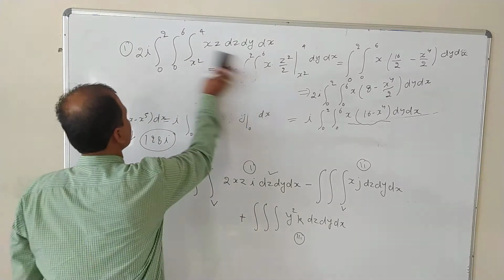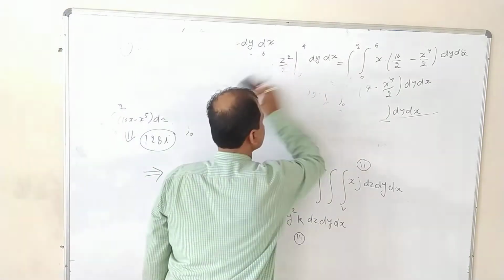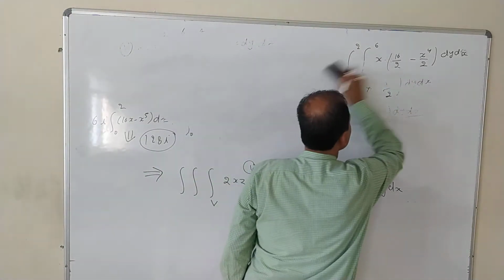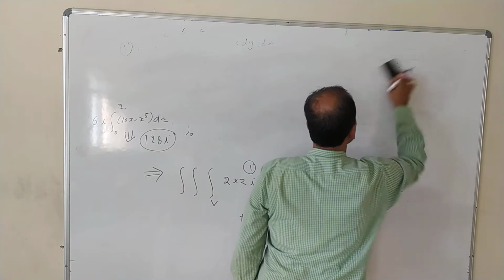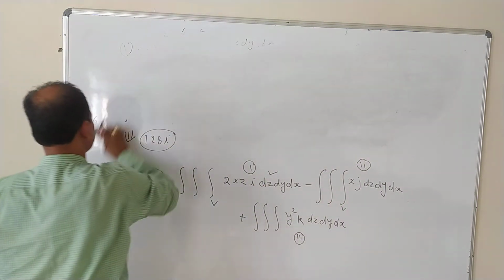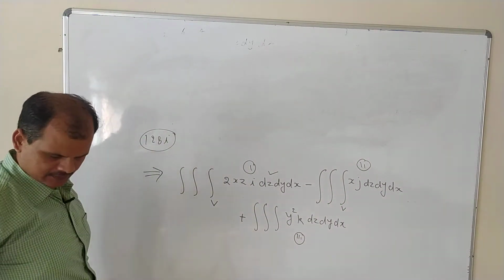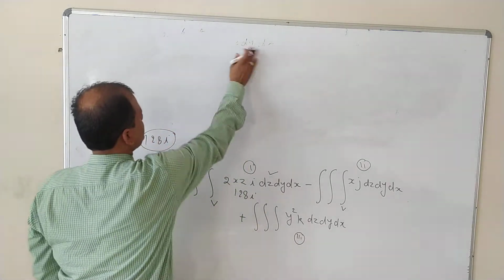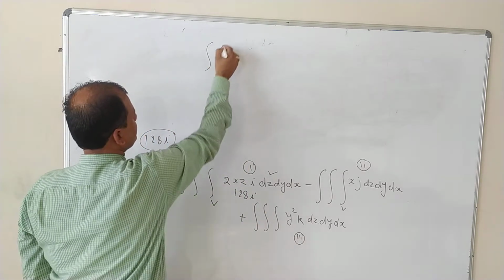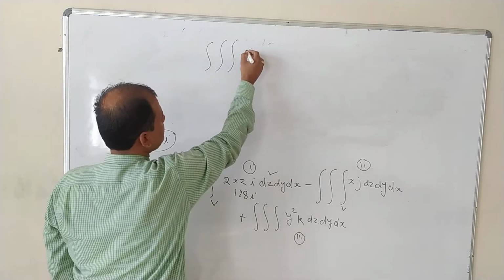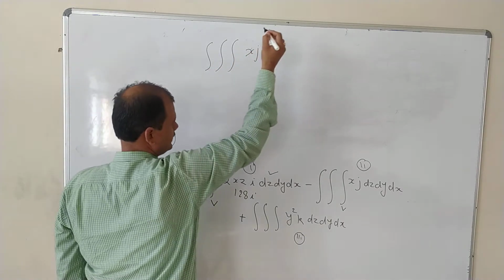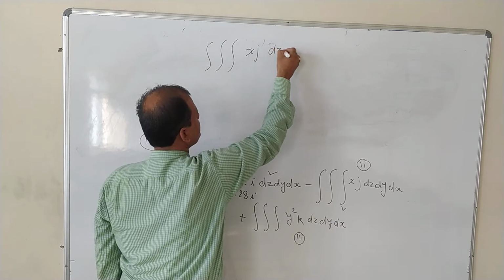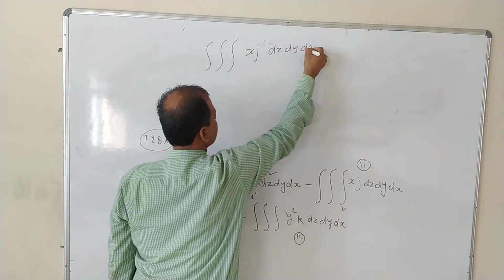Let us see the second one. So I'll write 128i for the first. The second one we have with the negative sign, triple integration x j dz dy dx.